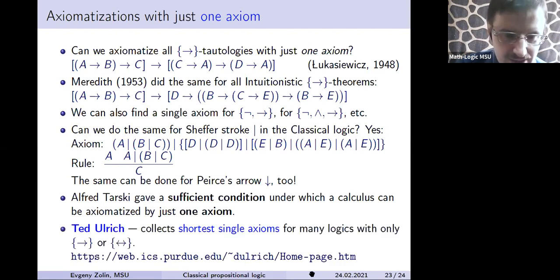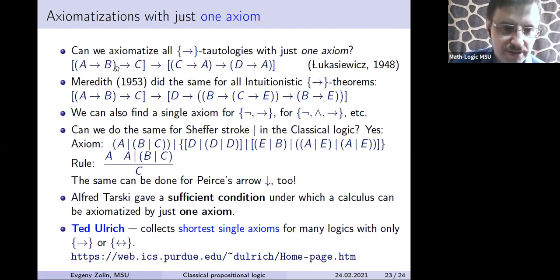And the final comment, there is a researcher, Ted Ulrich, who collects the shortest possible single axioms. For example, this axiom at the top of the slide is the shortest axiom that can axiomatize all implicational tautologies.